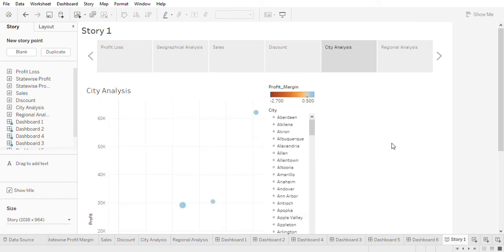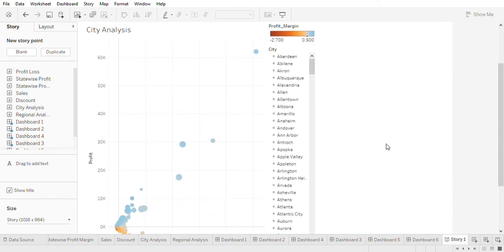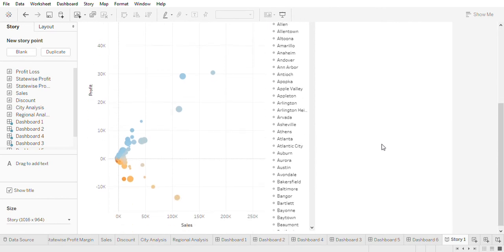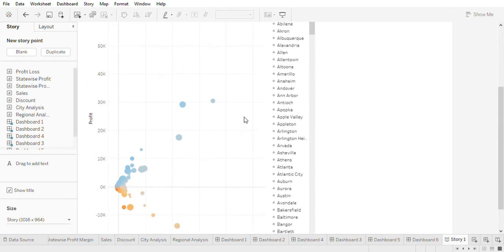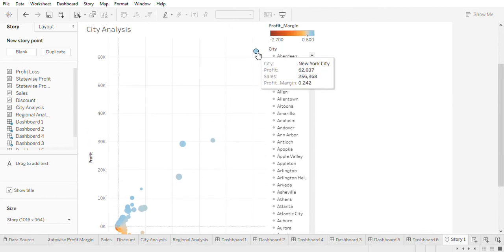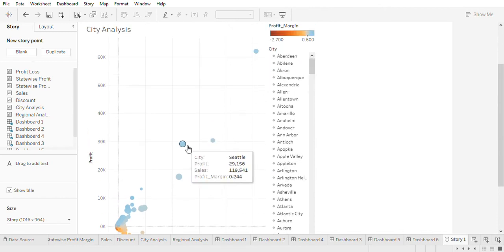So this is the city analysis which I've done. Here the cities in blue have a profit margin of greater than 0.1, whereas the cities in red and orange are incurring losses. We can see New York City, Los Angeles, Seattle, and San Francisco are incurring profits.